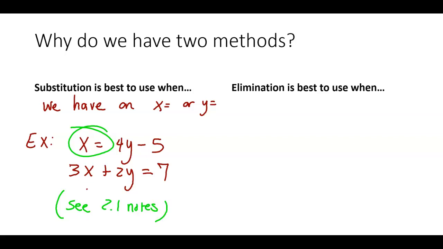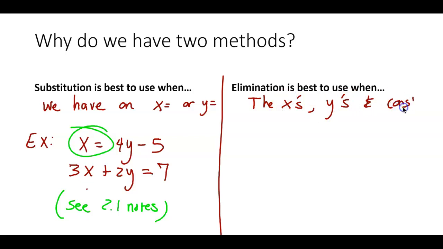All right. Now, elimination is a good method to go with anytime your x variables and your y variables are lining up. So elimination is best used when the x's, y's, and constants are lined up.